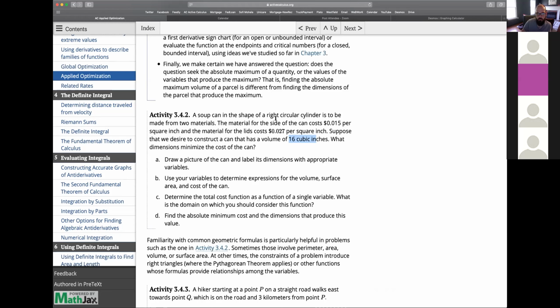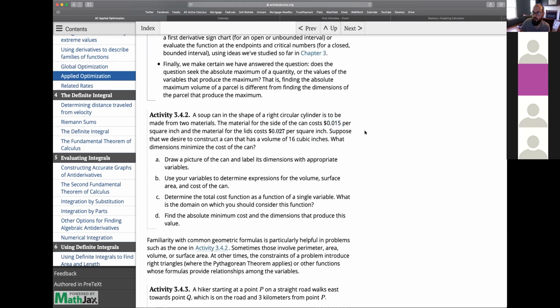And the other parameters we're given are that the sides of the can have one cost, and the top and the bottom, the lids, have another cost. Presumably the lids cost more because they're sturdier. The top and the bottom of the can we're going to build out of a sturdier material that costs a little bit more, and the sides are a little less important, so that material costs a little bit less.